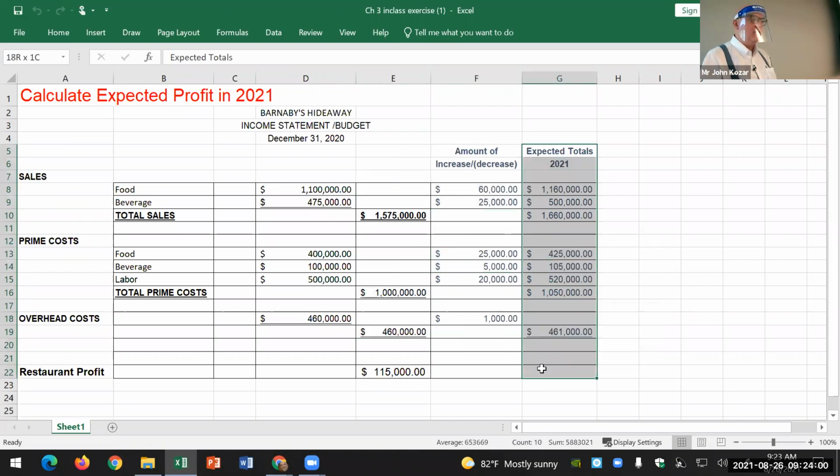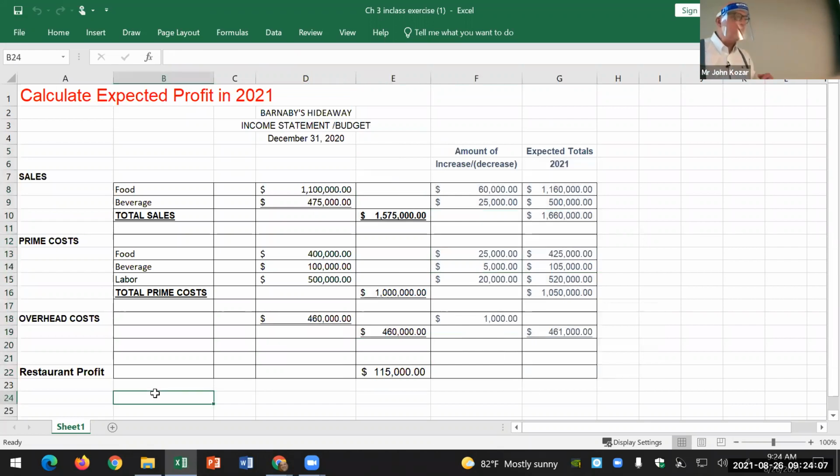So we're going to be looking at this column here. And then I want you to do food cost percent for 2020 and for 2021, beverage cost percent, and labor cost percent.